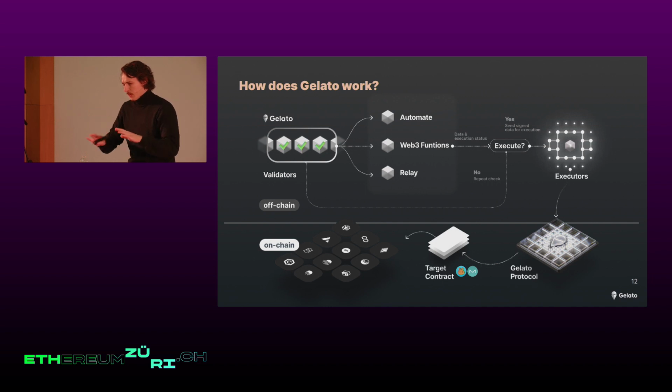We built this whole off-chain payment system, which is super efficient, where you deposit USDC on Polygon, and you can pay for computation and for transactions on all chains, on Ethereum, on Binance Chain, Avalanche, Arbitrum, whatever, just by depositing USDC on Polygon. Or you can deposit USDC on Arbitrum, and you can pay for transactions on Optimism, right?